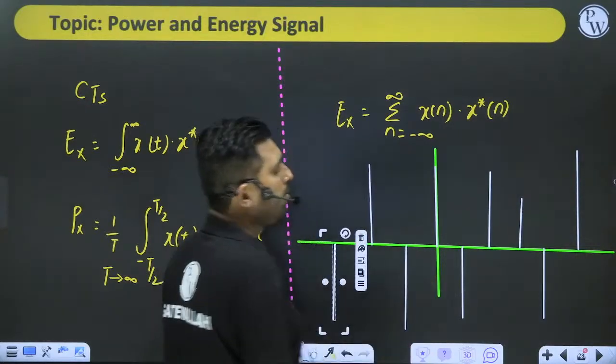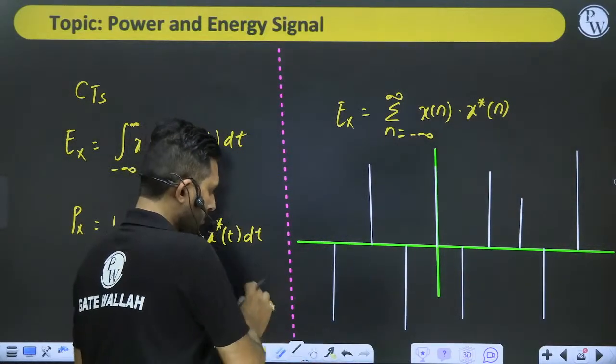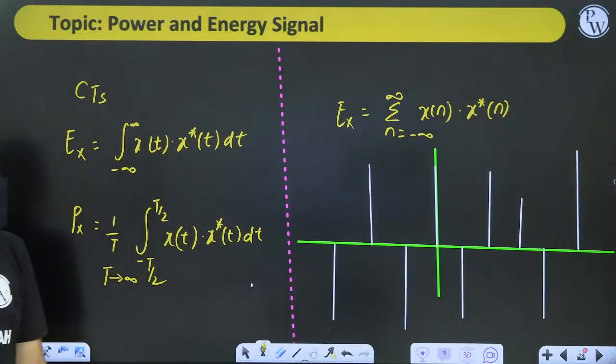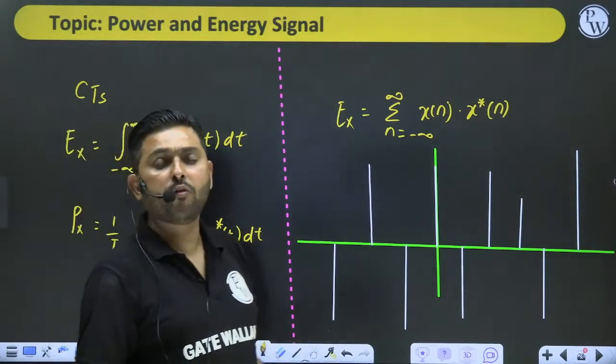Now, what I am saying is that to define the power of a function, we have to restrict it over a limit.